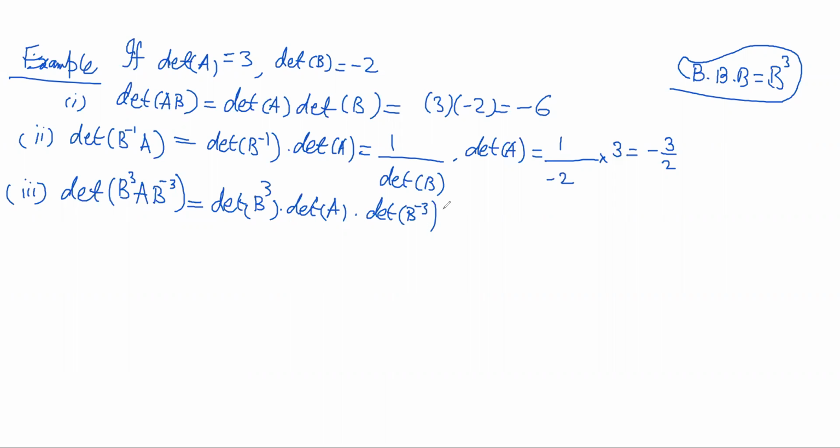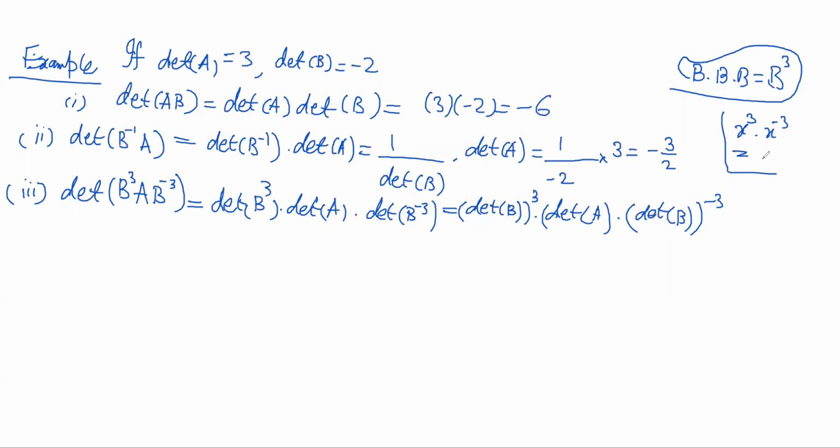For this, we know that determinant of B cube is determinant of B, whole cube, and then the determinant of A, and similarly the determinant of B minus 3 is determinant of B whole to the power minus 3. Both of these multiply to 1, just like in algebra x power 3 times x power minus 3 is x power 0, which is equal to 1.